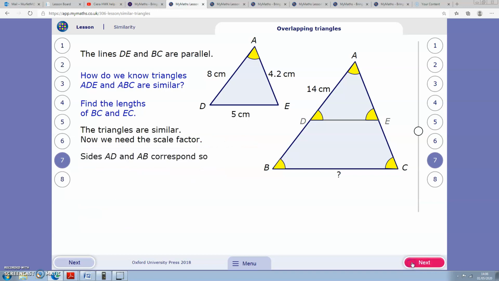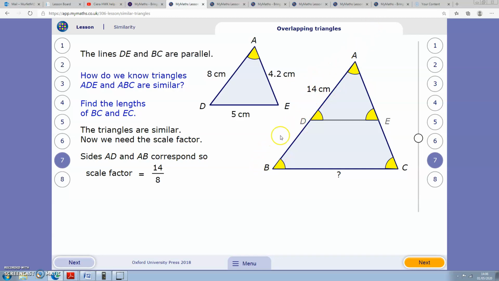Now we need to find the scale factor. AD is 8. AB, we don't know what it is. So we know that that part there is 8. AB is 14 centimeters. It tells me that on this new one here.